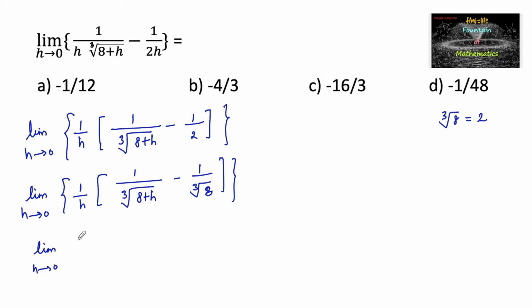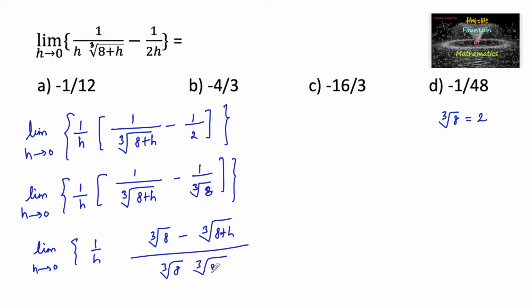Limit h tends to 0, 1 upon h times of (cube root of 8 minus cube root of 8 plus h) upon (cube root of 8 into cube root of 8 plus h).